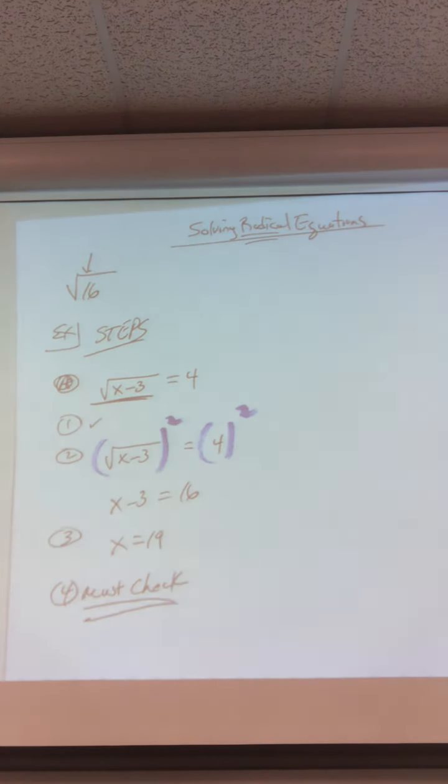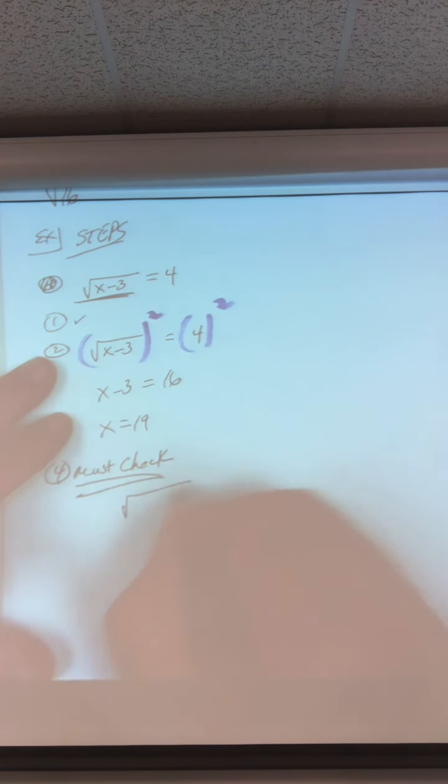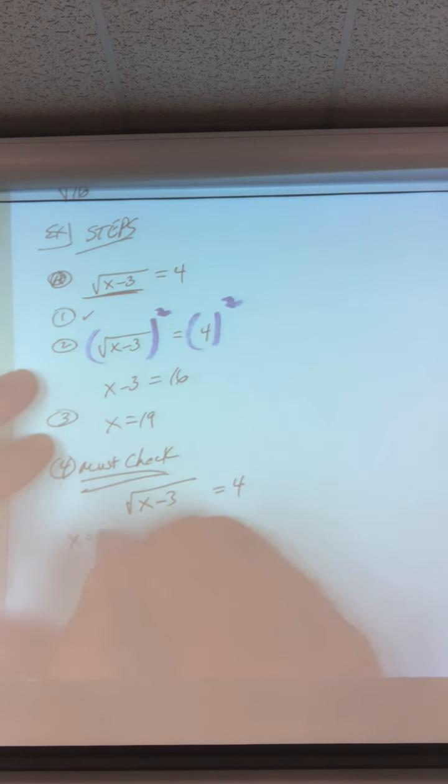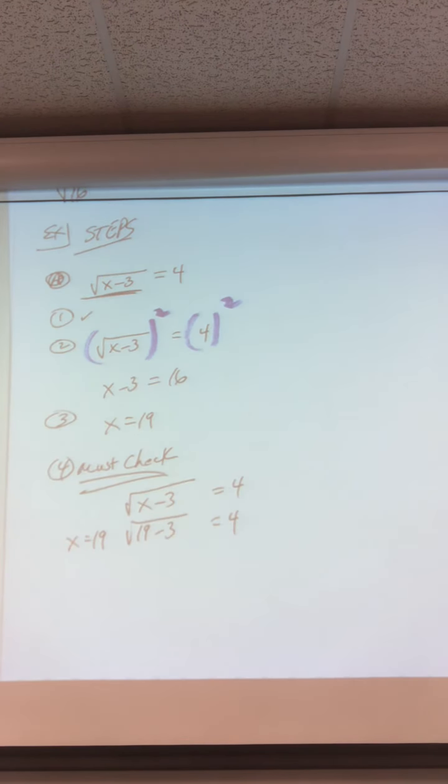Okay, so if we've got to check it back in the original problem, write the original problem back down. Now we're checking to see if 19 is the answer. So put 19 in x's place. Now when you're checking, plug the number in and do the math. You don't square both sides.